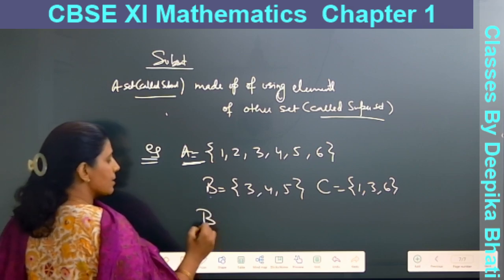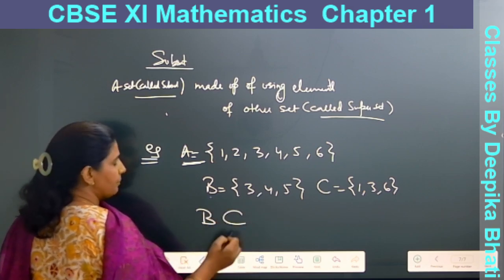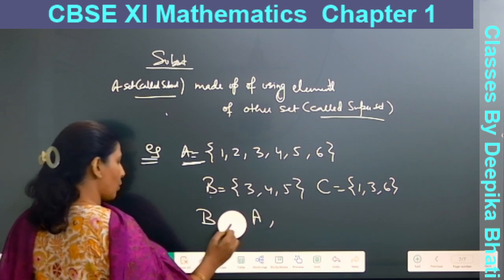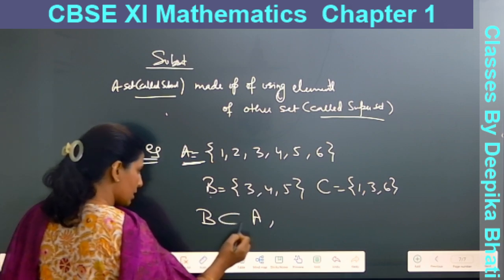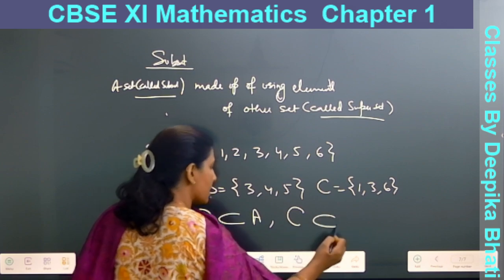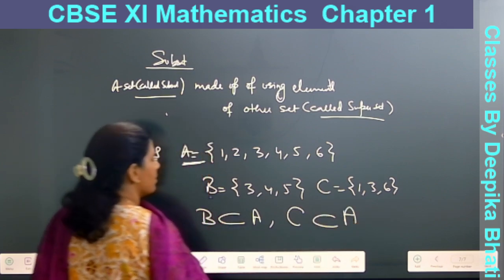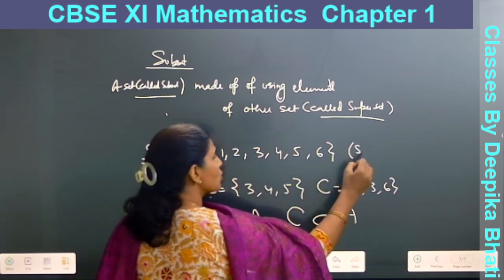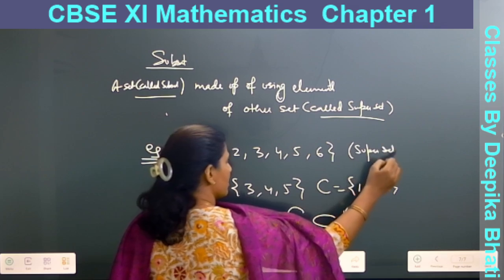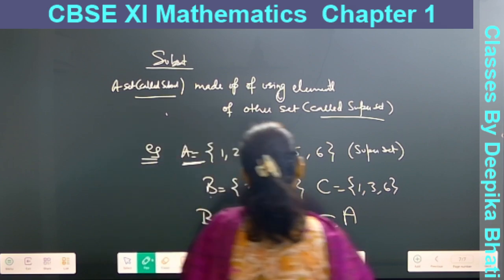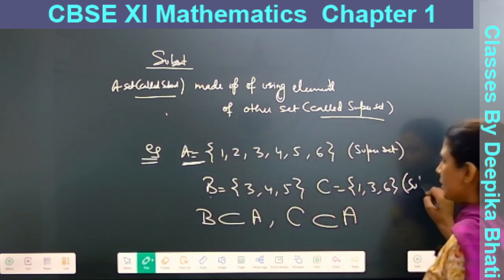So B is a subset of A. This is the notation for subset. C is a subset of A. So here A is your superset, and B and C are your subsets.